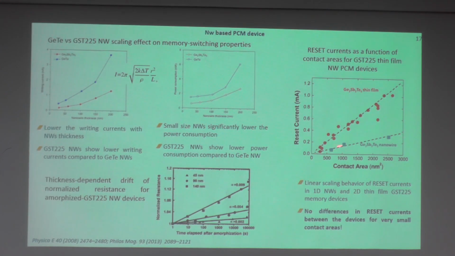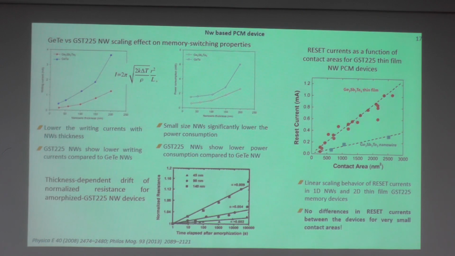For the nanowires, generally, it's more than for thin film, but if we approach a very low contact area, then there is only a little difference, not a huge difference in the reset current.